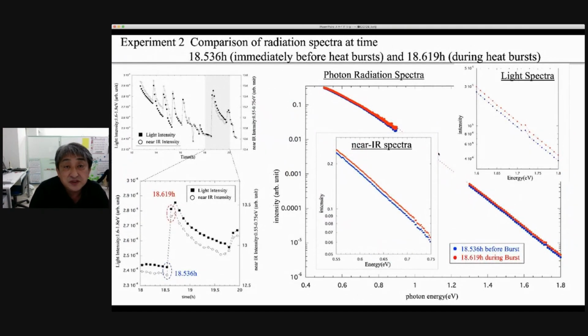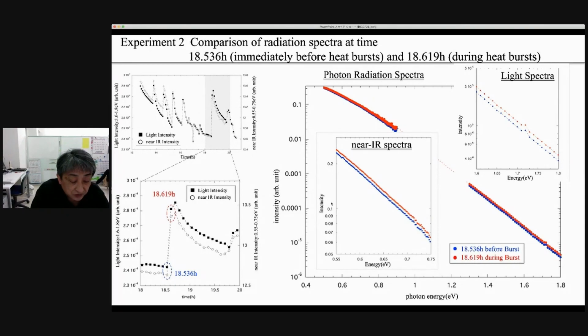This is a comparison of the radiation spectra. These are spectra of near-infrared and visible light before and during the heat burst. This figure is an enlargement of the time near the fifth burst.